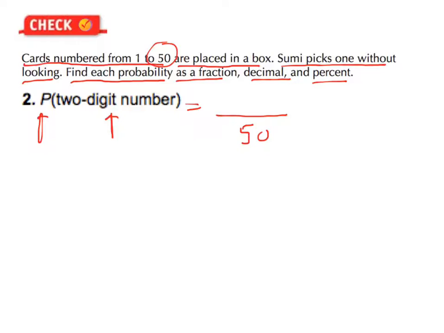Now, how many cards will have 2-digit numbers? We know that 2-digit numbers will start from 10. So 10, 11, 12, 13, 14, and so on up to 50. So what is the number of cards which have 2-digit numbers? They will be 41 cards.